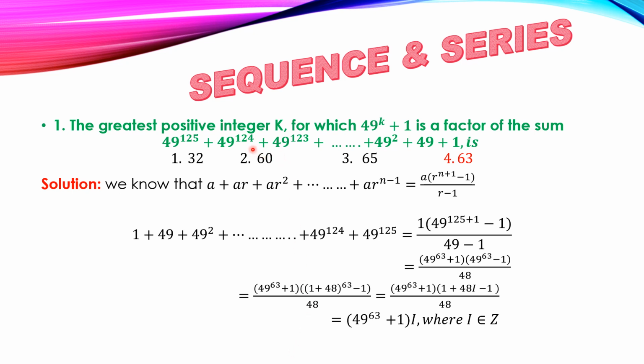Already in the given problem, 49^k + 1 is a factor of the sum. So comparing these terms, the k value equals 63. Our k is a positive integer, so that value will be 63. So this is the answer, which is option 4. This is the solution for this problem.